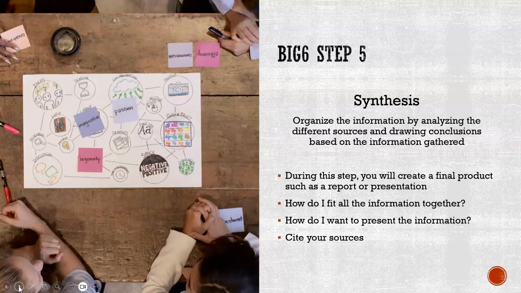Do I want to do a report? Do I want to do a presentation? What type of presentation do I want to do? Do I want to use Google Slides? Do I want to use PowerPoint? Do I want to make an infographic? What do I want to do? And then make sure that you are citing your sources, because we don't want to plagiarize. We don't want to steal somebody else's information.